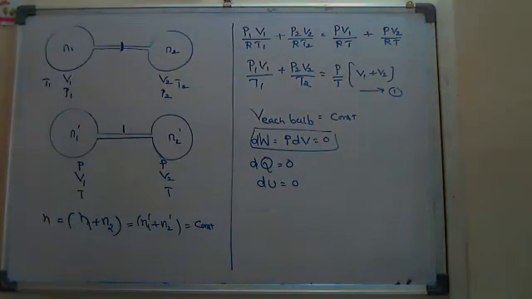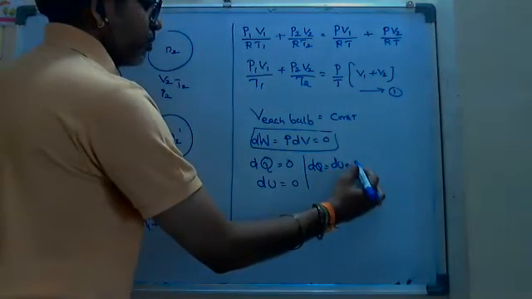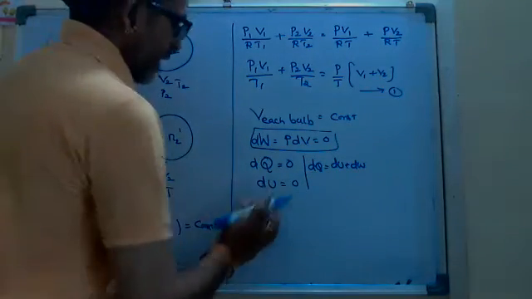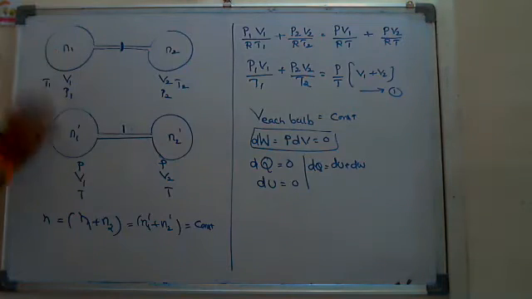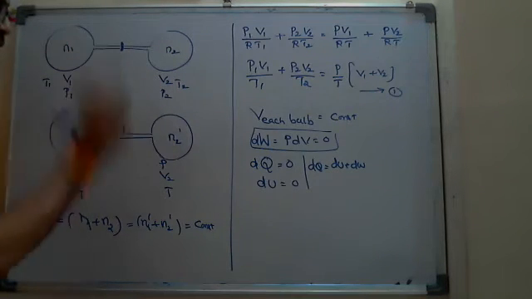According to your first law of thermodynamics, dQ is equal to dU plus dW. That's what I'm saying. The internal energy in the two bulbs remains the same. Or else you can write the total internal energy before is U1 plus U2, after U1 dash plus U2 dash.